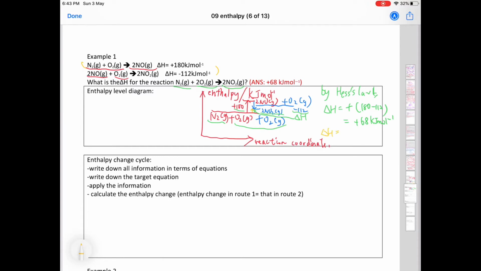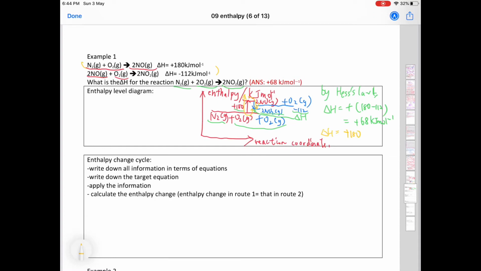And then consider another route, where starting from the initial stage, we form an unstable product first, and then we undergo the second stage of reaction, and then fall back to this 2NO2 stage, so we just sum up the enthalpy changes of these two arrows, because they are in the same direction in the information given.